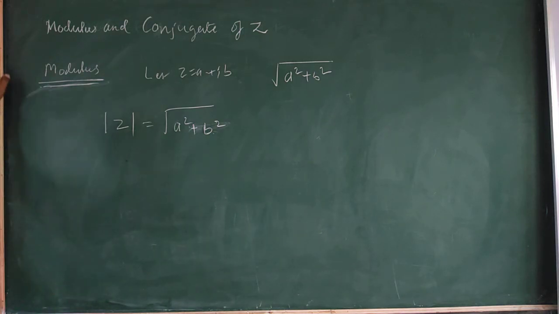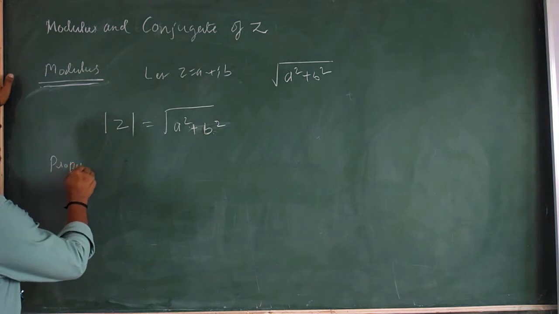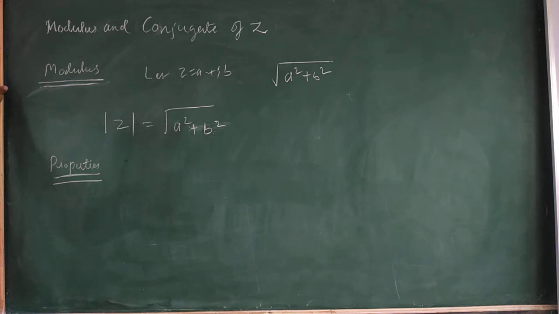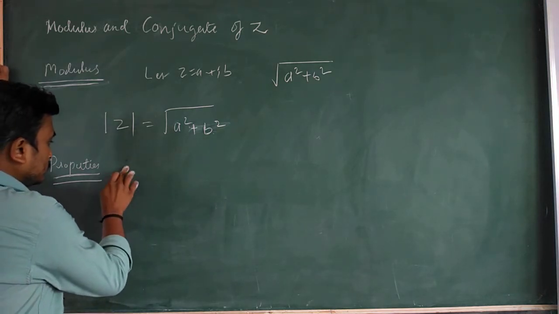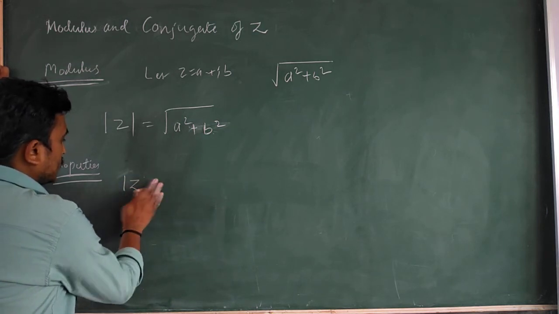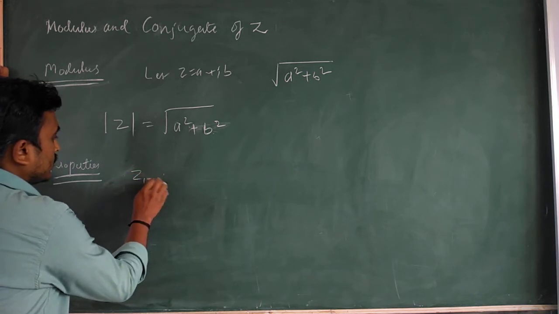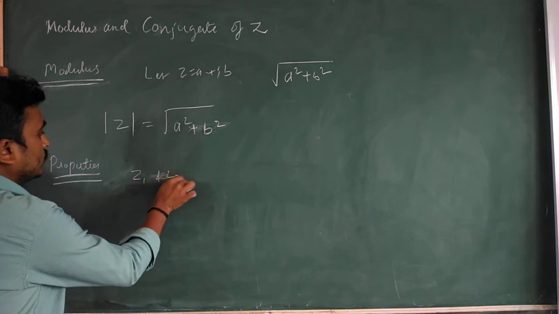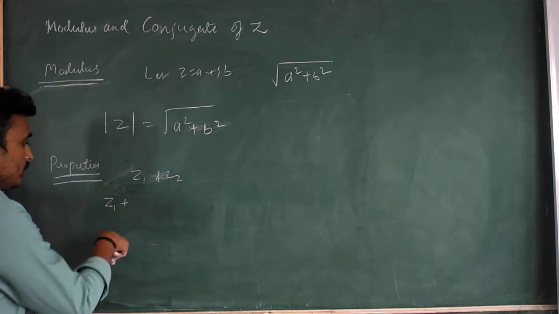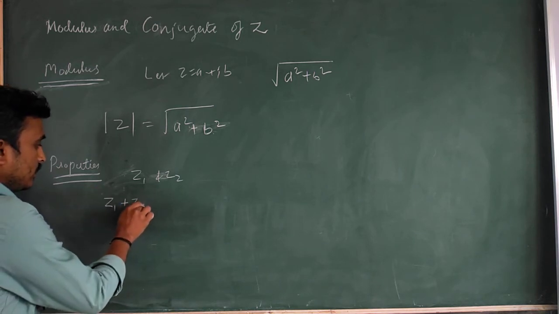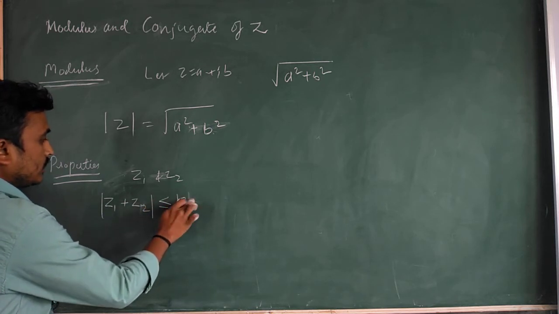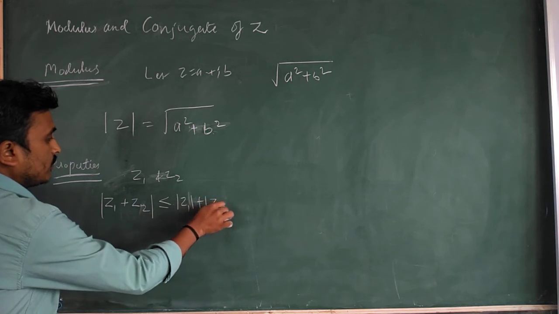Now, some properties of the modulus. For the complex numbers z1 and z2, modulus of z1 plus z2 is less than or equal to modulus of z1 plus modulus of z2.